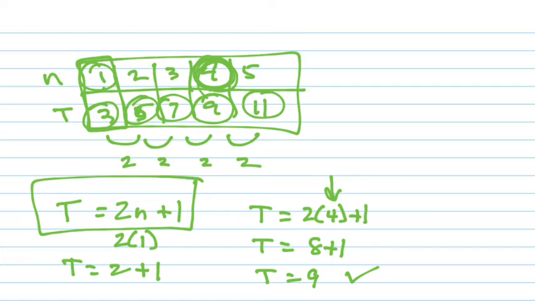The first thing I want to talk about is that these relationships are linear, which means the pictures of these relationships will always be a straight line. That's where linear comes from. So when we actually graph the rules, you're going to end up drawing straight lines.